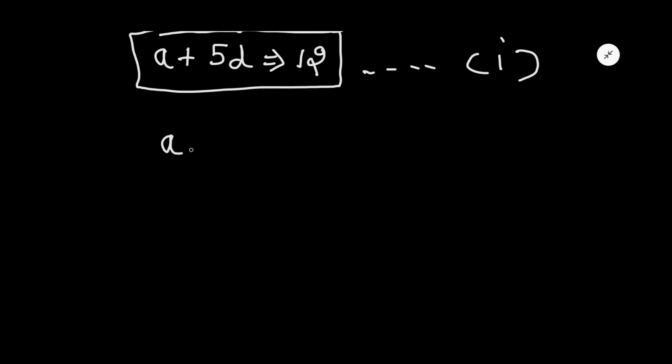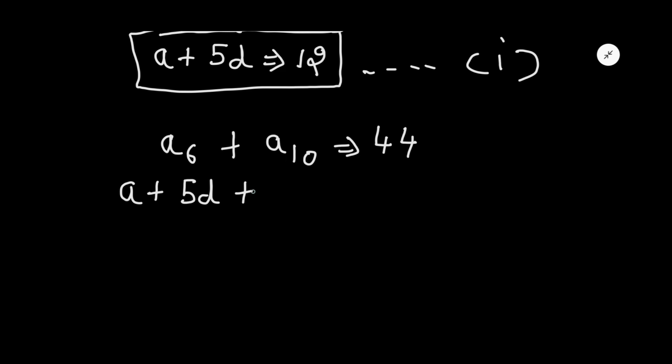Similarly, the sum of the sixth term and the 10th term is given as 44. So we already found the sixth term and the 10th term, which is a plus 5d plus a plus 9d equals 44. A plus a is 2a, 9 plus 5 is 14.